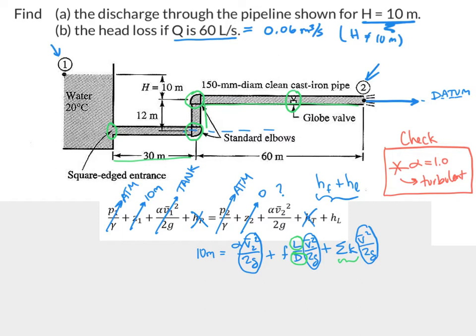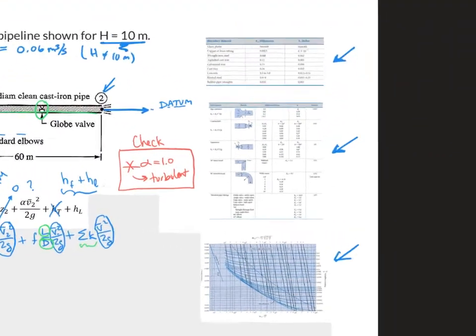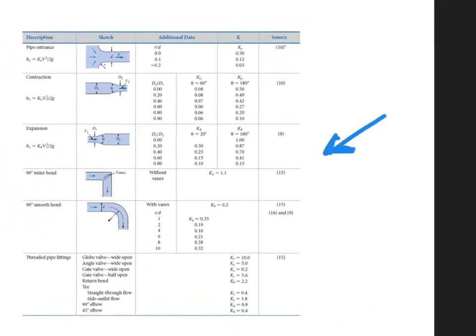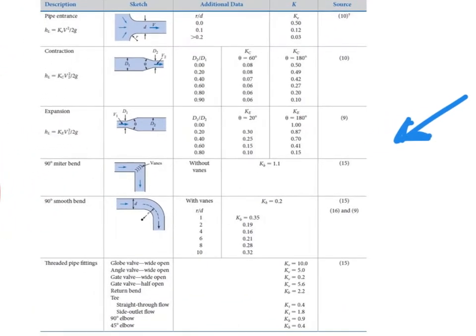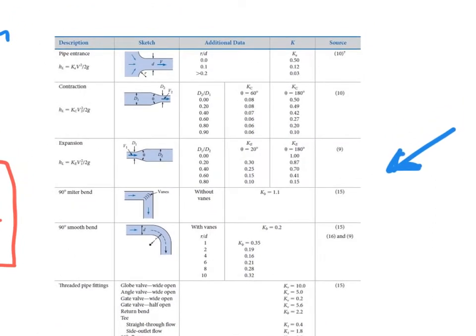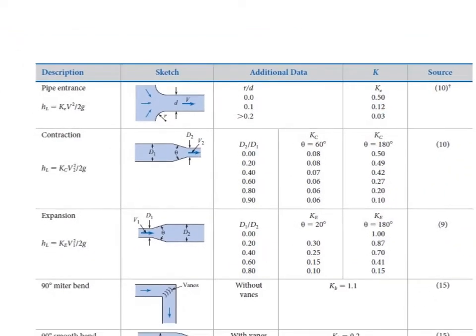Let's go and look for these. The square-edged entrance. Let's look at what we can get for a square-edged entrance. Okay, pipe entrance.